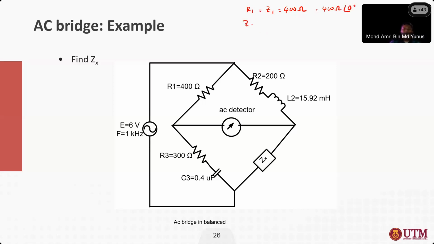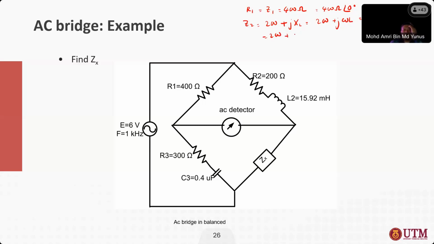So Z2 is 200 plus j XL, or equivalent to 200 plus j omega L, or 200 plus j 2 pi FL.